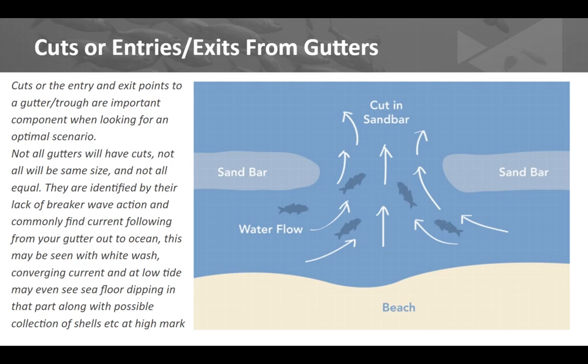And at low tide, you might actually see a dipping in the floor, as well as sometimes you might even see a collection of, like this is shells or so forth, around this section of the beach. That indicates that as everything washes up, it collects around this section here, because that's where all the energy of the waves break, and the energy takes all this stuff out.